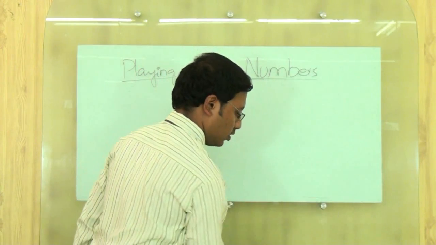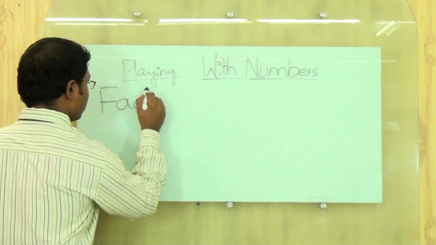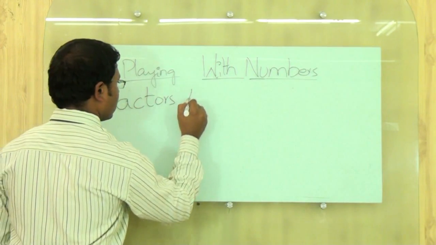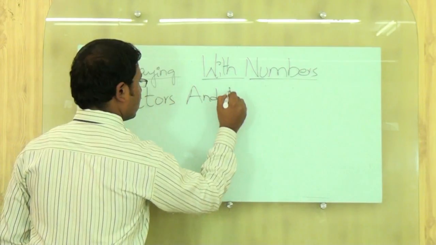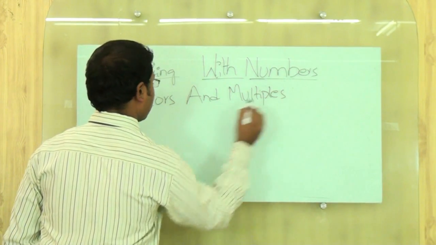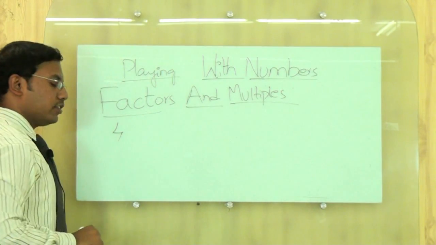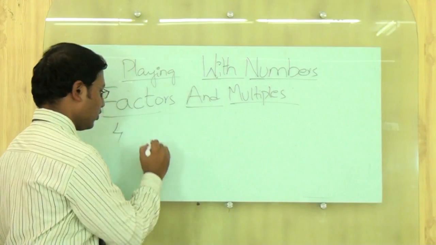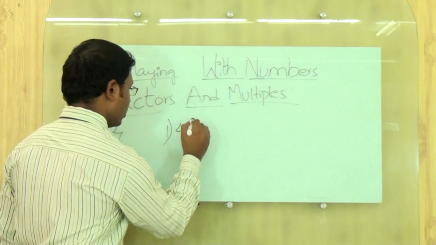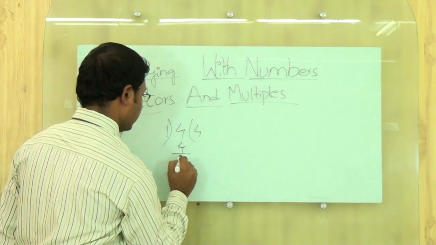Next is factors and multiples. Let us take the number 4. This number 4 is divisible by 1, that is 1 fours are 4, remainder is 0.